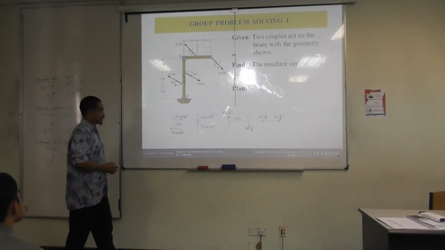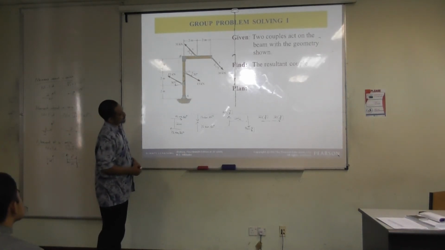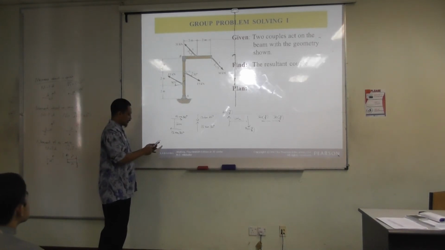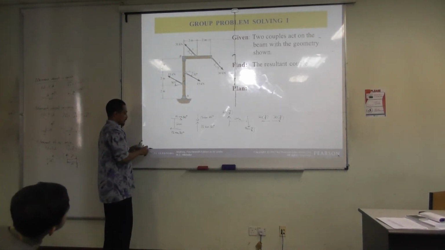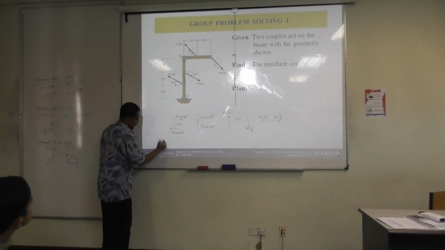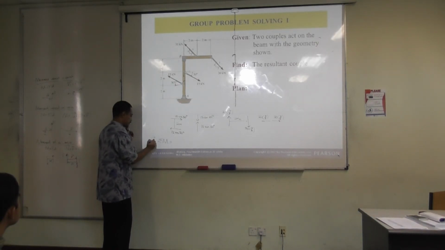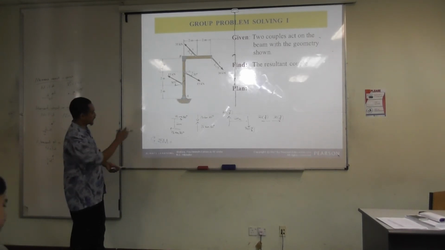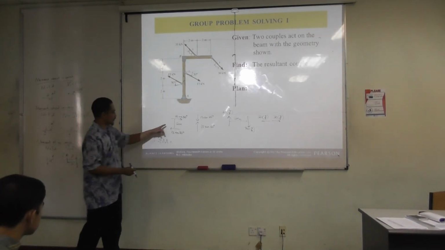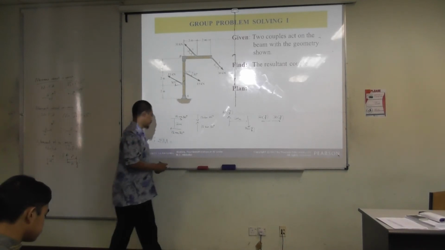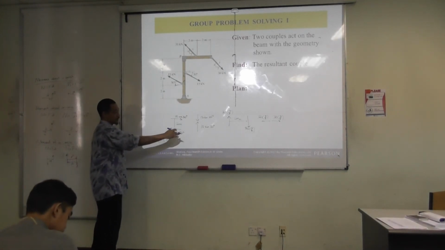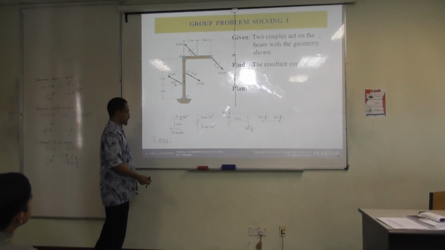So we need to find the resultant couple. It should be the resultant couple moment, because what we actually calculate is moment. So what is the resultant couple moment? Let me take clockwise as positive, because I can detect it's going to be clockwise. If you take clockwise, no problem, if you get a negative value it's clockwise again.